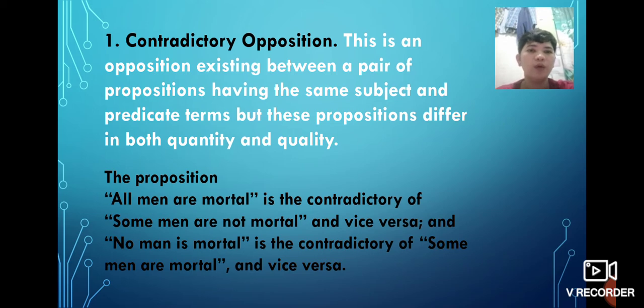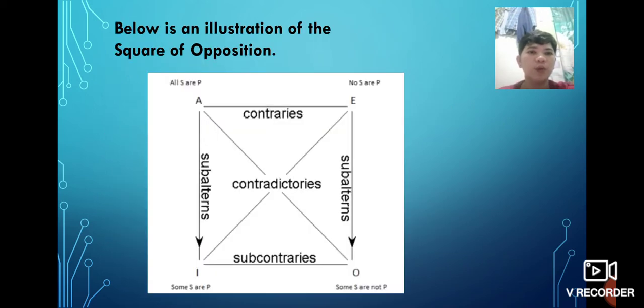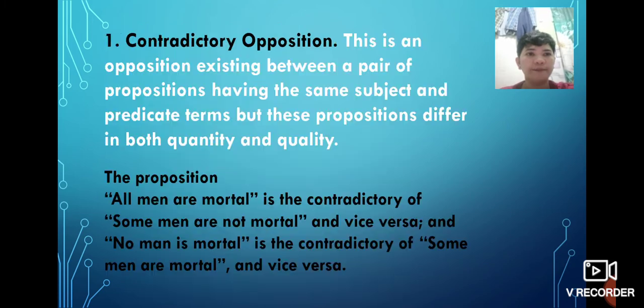If we go back to the illustration, we can clearly see that the contradictories are the center of the square of opposition. It means they have the connection or relationship of the quantity and the quality.